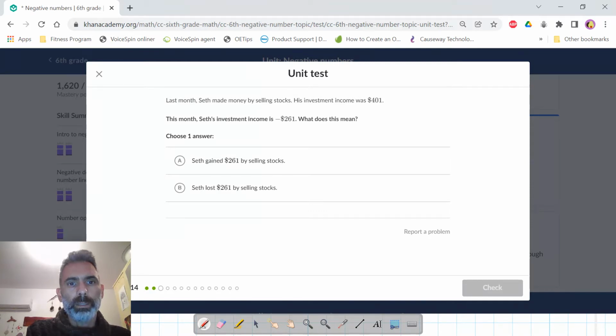Seth gained $261 by selling stocks? No. Seth lost $261 by selling stocks. Okay, his investment was negative, so he lost money.